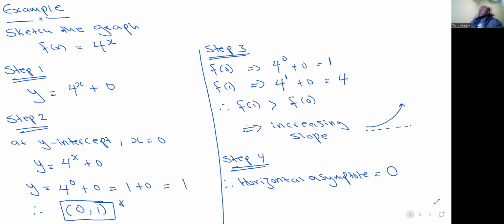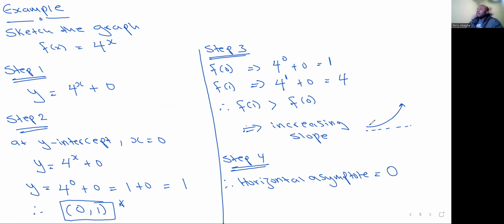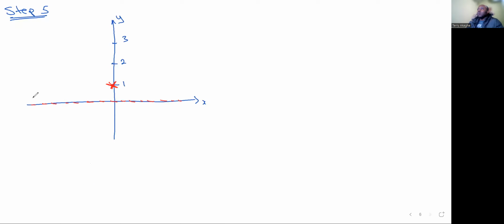Then the next thing is that we also know that the y-intercept is (0, 1). So here it's going to be (0, 1), the y-intercept. And we know that the graph is meant to be increasing, so it's going to look like this. It's going to go all the way from this all the way up.